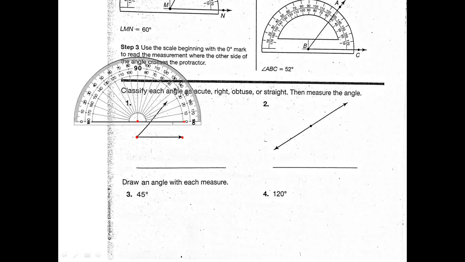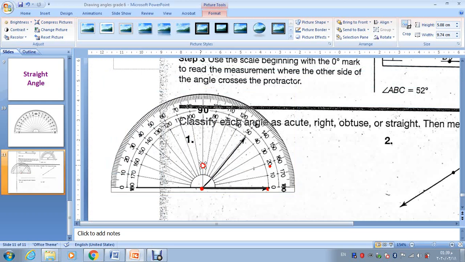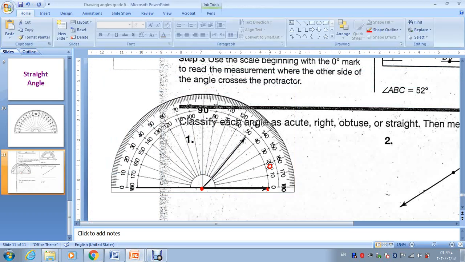Okay, so let's now try to do it. We're going to place the center on the vertex and the 0 on the arrowhead, and then we will start counting. We will count from where? From this side here, starting from 0, 10, 20, 30, 40, 50.